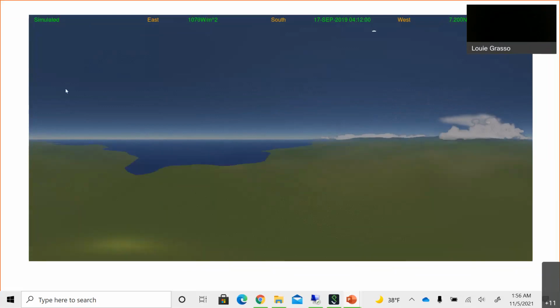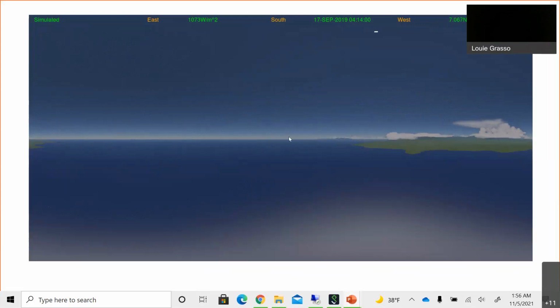And just as a reminder, this is actually a 360-degree perspective here. Okay, so now we've left the landmass and we're heading due south over the open ocean, and this has a few more minutes.